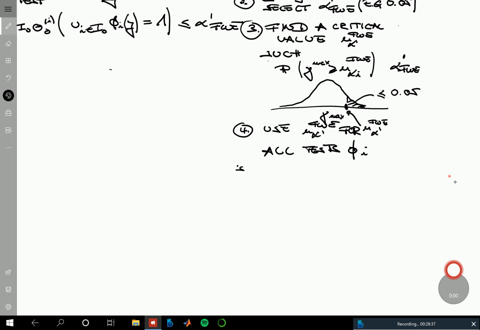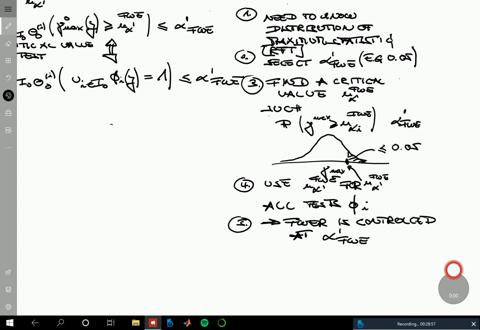Then the family-wise error rate is controlled at alpha prime FWE.